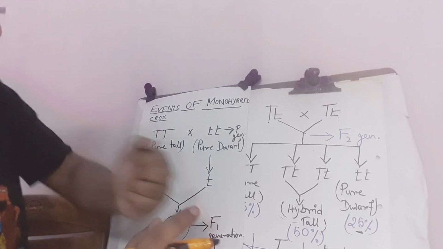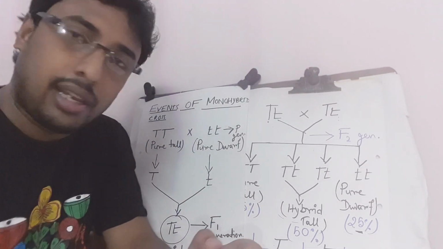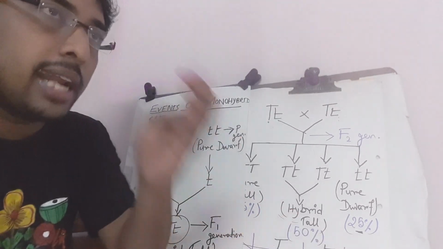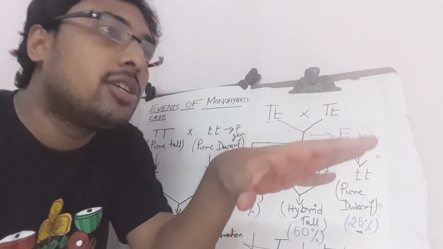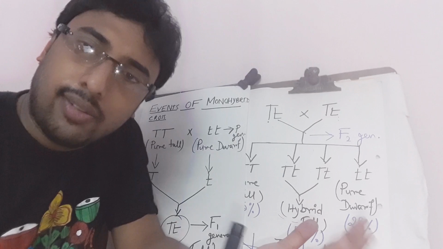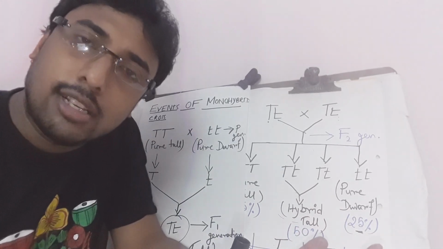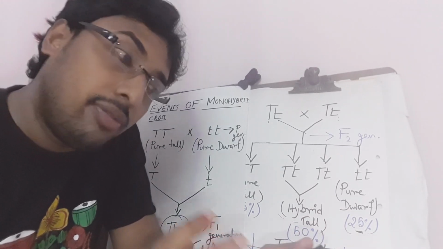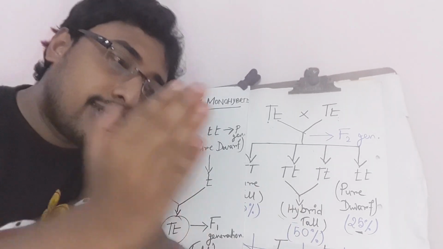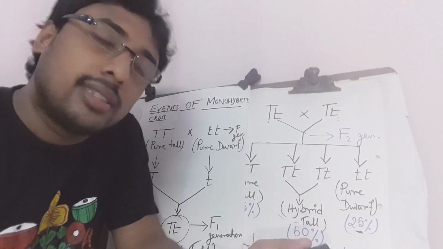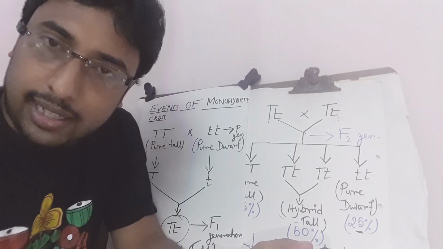Now what is phenotype and what is genotype? If you see anything externally, means we say the man is tall, the man is dwarf, very short height. So externally, if you see any characteristic features, that is phenotypic character. And if you want to see the characteristic features internally by the analysis of their genetical structure, that is genotypic character.